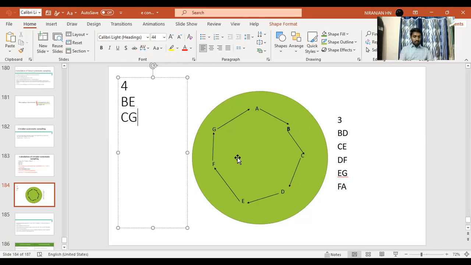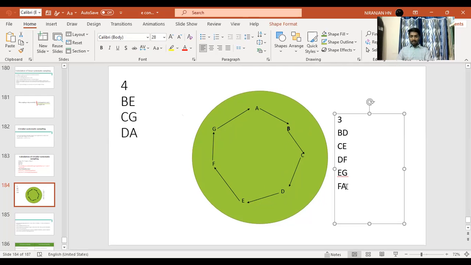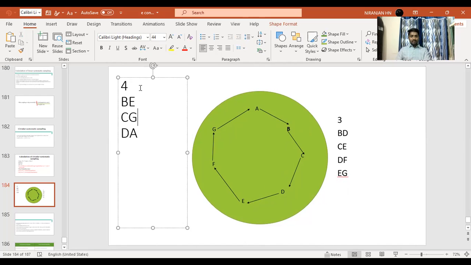C, G. Next we have D, 1, 2, 3. D, A, C. So when we have an interval of 3, we came with the 4 outputs. And when we came with the fourth individuals, we got 3 outputs.